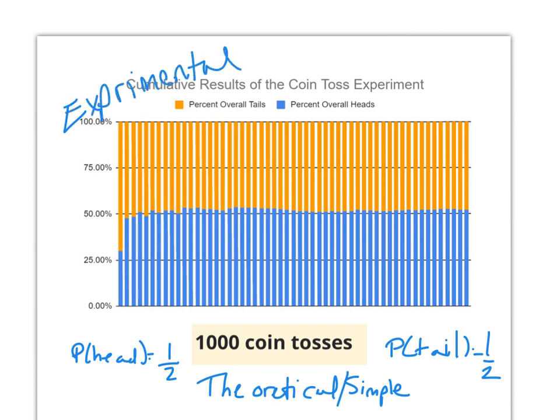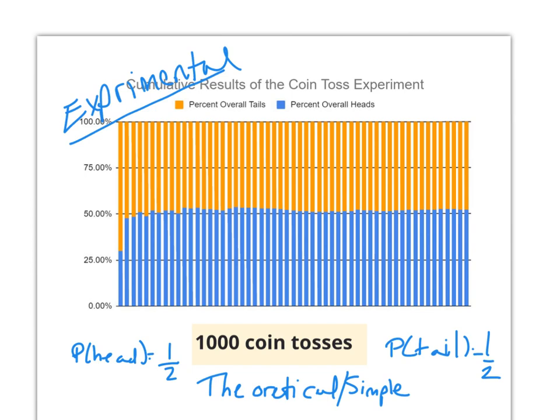Now, when I've done this in the past, my results have not been as close as this. If we follow the 50% line throughout all of the experiment, we were pretty close to 50%. And when I looked at some of your data, a lot of you had 10 and 10 of each. And I wonder if you were tossing the coin properly, or if you were using a random generator.